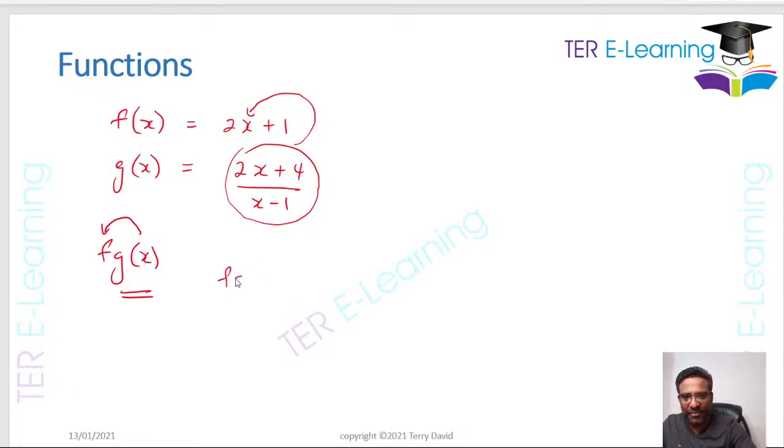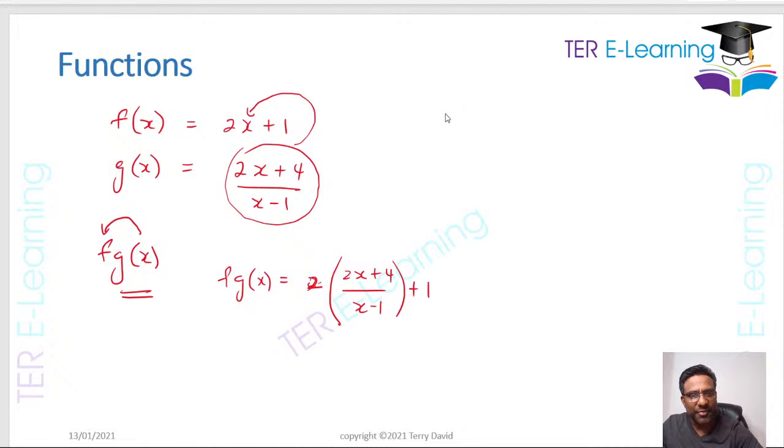So fg of x is simply equal to 2 multiplied by 2x plus 4 over x minus 1, plus 1. So that is fg of x. You can go ahead and simplify that if you want. I'm just trying to make sure you understand the concept.